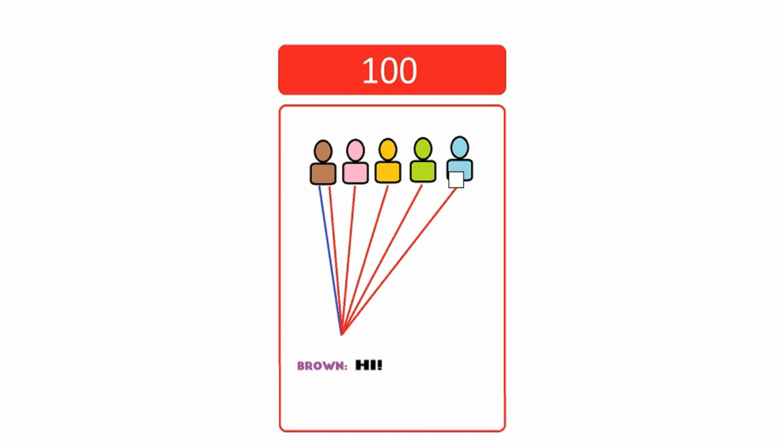But if the user leaves the room, the socket routing will be deleted. In other words, if this user is removed from this group, his layer will also be deleted. And if any user, just like this brown one, sends a message, it will go on the WebSocket and echo back to all of the other users, including that particular person who sent the message.